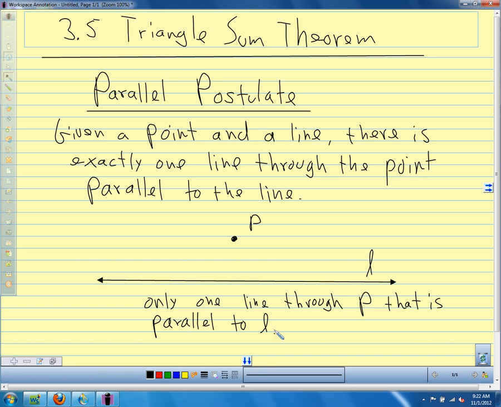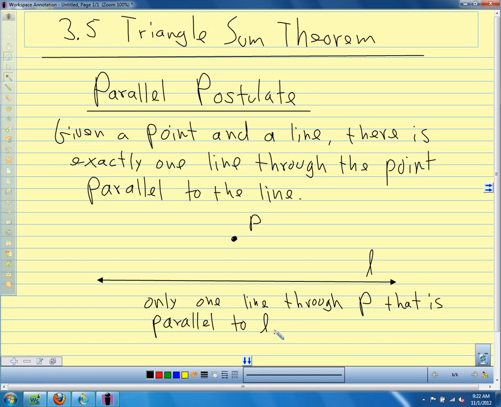If you say that there are an infinite number of lines through point P that are parallel to line L, then you get a kind of geometry called hyperbolic geometry, and there's an idea that that's the way that space is shaped, that the way that space is curved, you can make an infinite number of lines through point P that are parallel to line L.